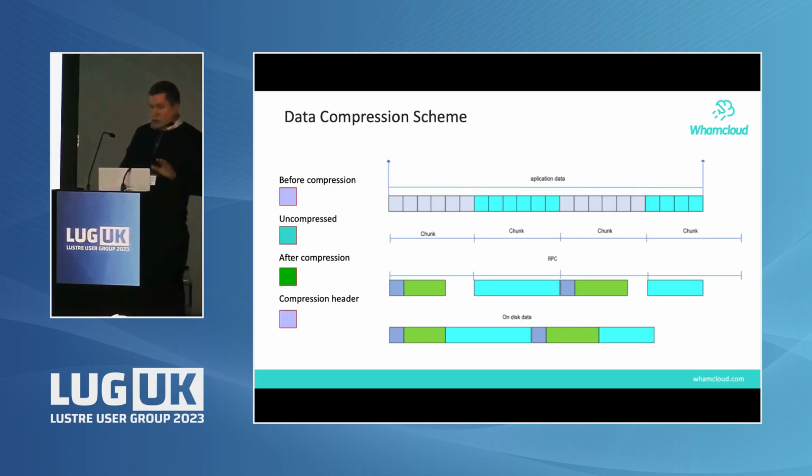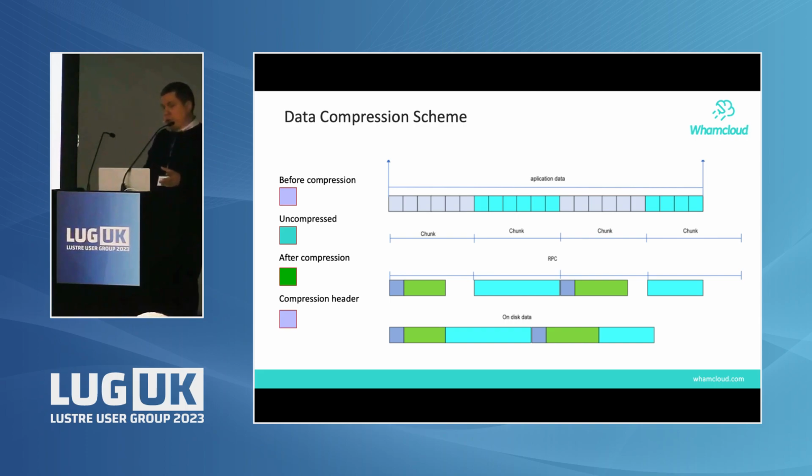So a little bit of technical details. Lustre uses cache buffers, and at the moment when clients want to flush this data, all this data is split into chunks, and every chunk is compressed separately.